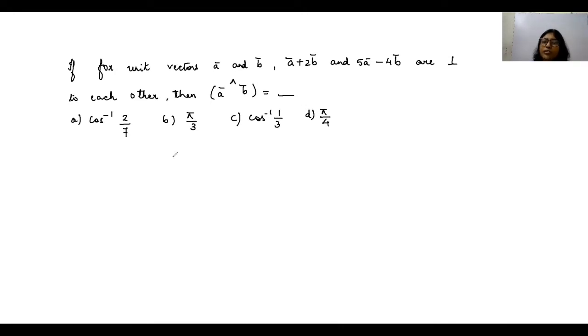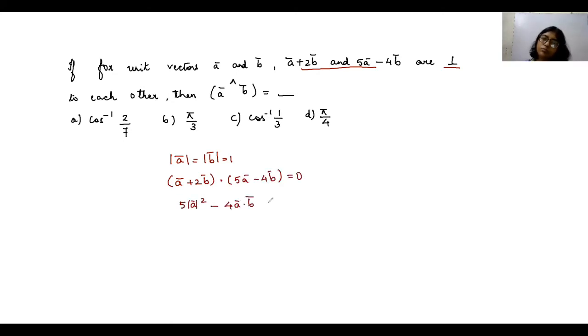Again we have unit vectors. So magnitude of A is equal to magnitude of B is equal to 1. And these two vectors are perpendicular, so their dot product is 0. Find the dot product. On taking the dot product, we get this, magnitude of A is 1 and that of B is also 1.